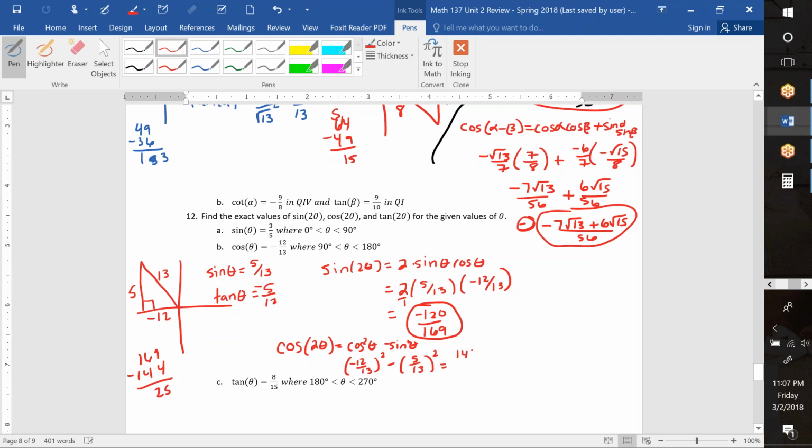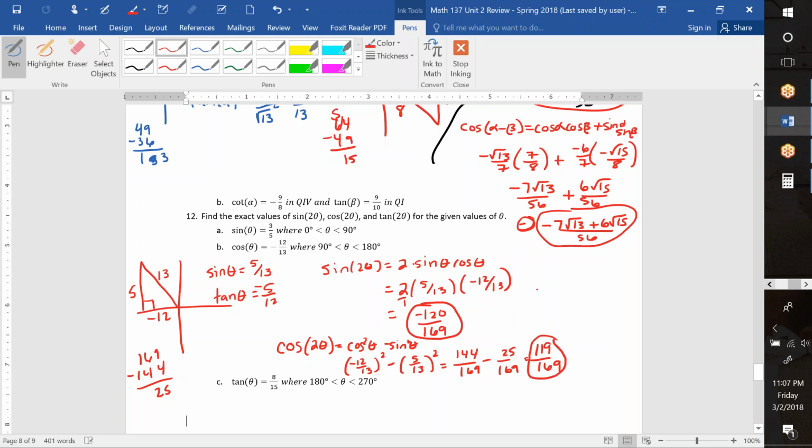So that is 144 over 169 minus 25 over 169, which is going to be 119 over 169. Because if you take away 20, that would be 124, plus 5 more. Yeah, so 119 over 169.